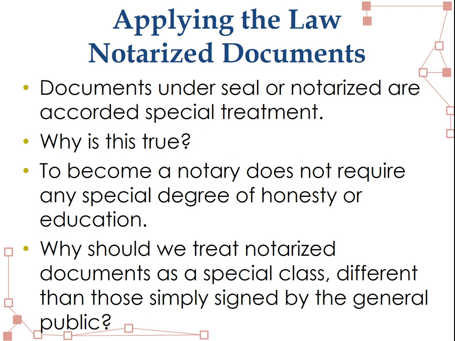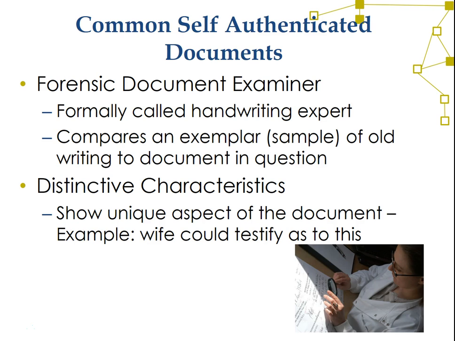So let's skip past the notarized document questions. And what about a forensic document examiner? Where does this person come into play, and what job do they do? Well, a written document can also be authenticated by the testimony of what we call a forensic document examiner, and they used to be called a handwriting expert.